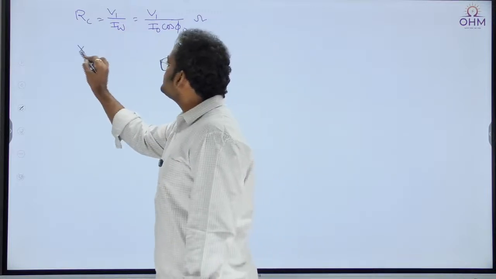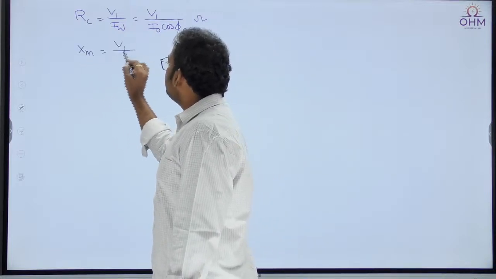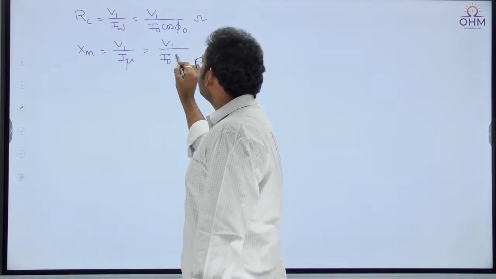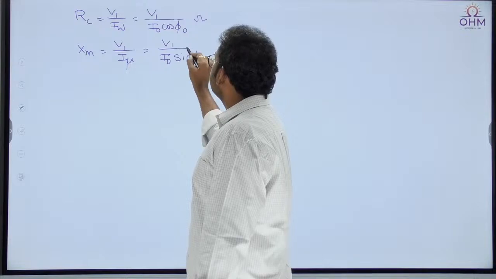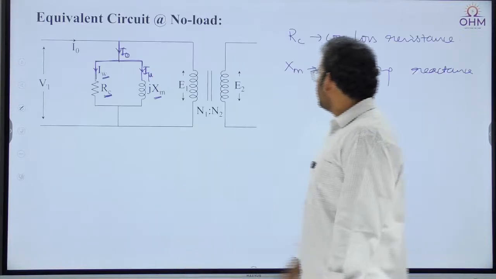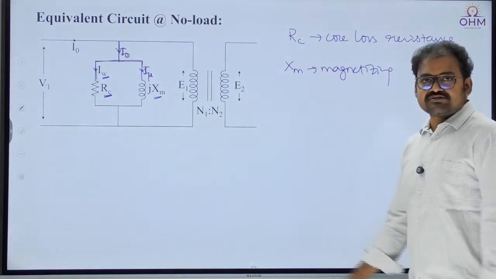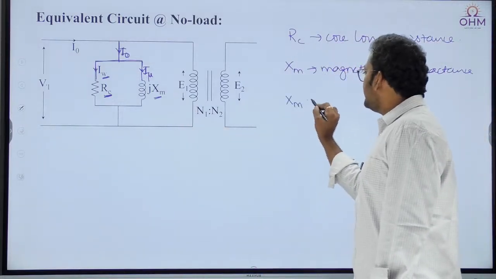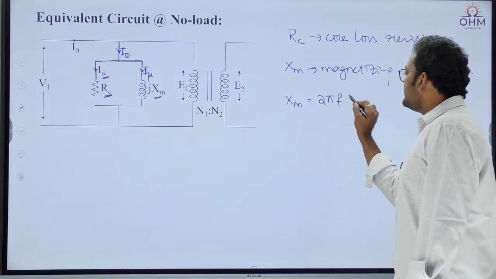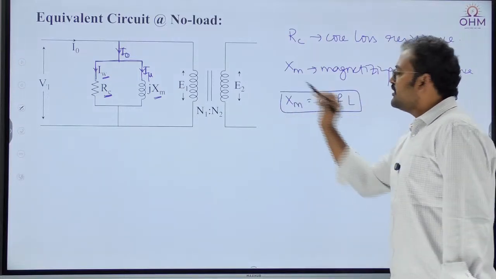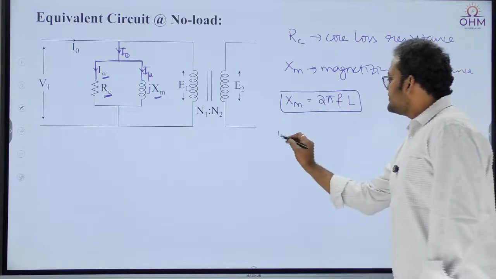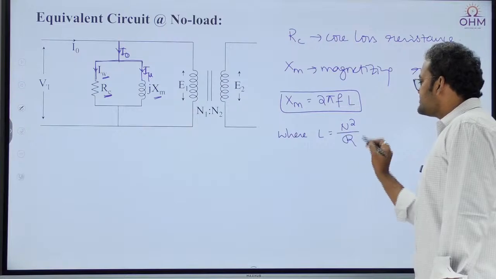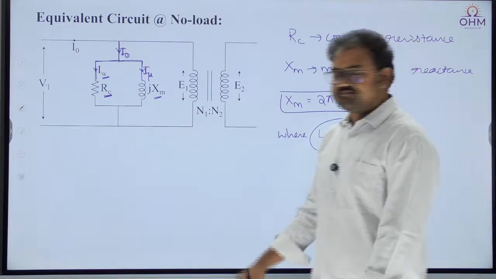So XM is equal to V1 by I mu, where I mu was I naught sin phi naught. Remember, XM is the magnetizing reactance, and this is an inductive reactance. As it is inductive, can I write XM is equal to 2 pi F into L, where L is again the self-inductance, equal to N square by R, as you remember the formula for self-inductance. Clear?